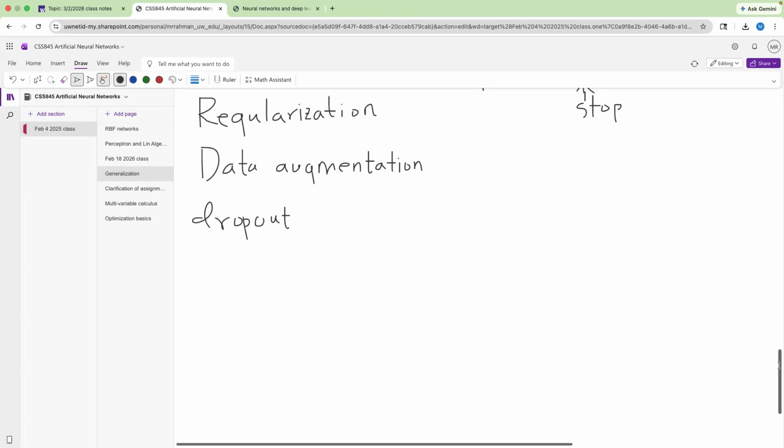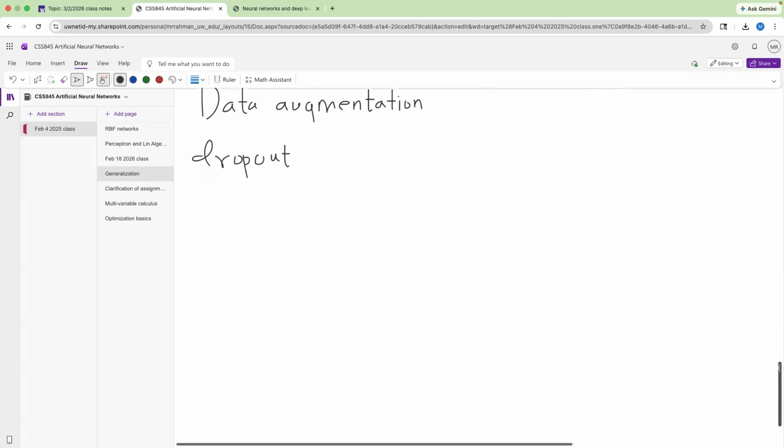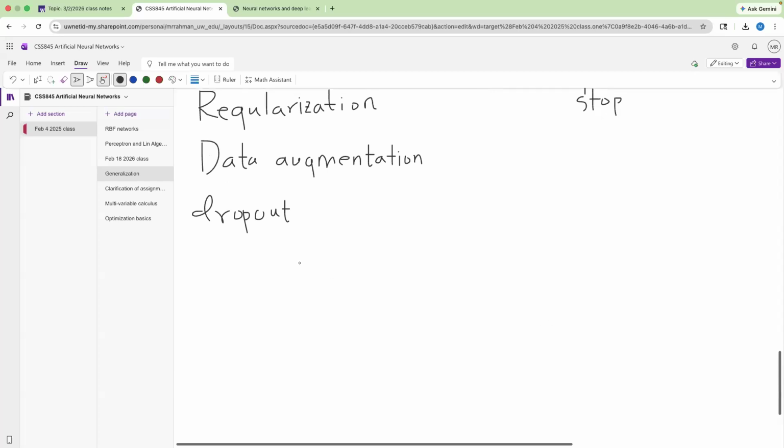Okay, so these techniques are based on the idea of classical statistical learning theory.